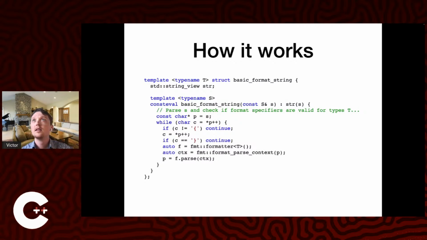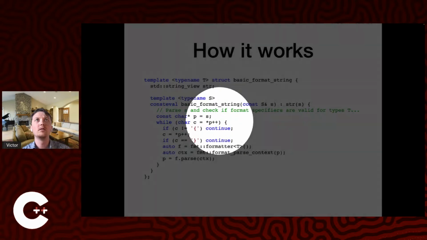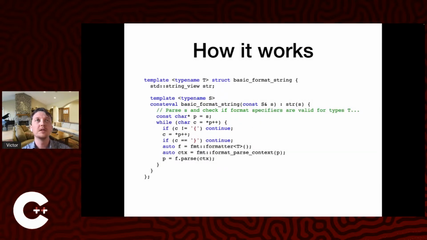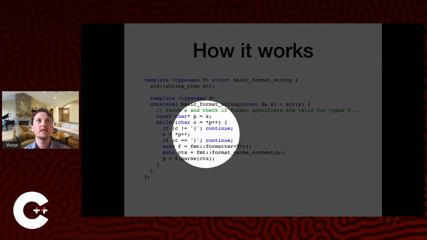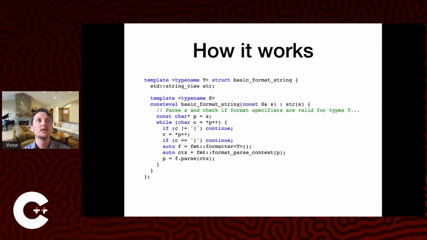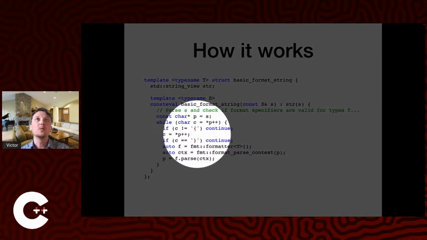So in the body of this constructor, we do all the work as one usually does in C++. We parse S and check if format specifiers are valid. So we go over every character. If it is a curly brace, then we check if it's an opening brace.